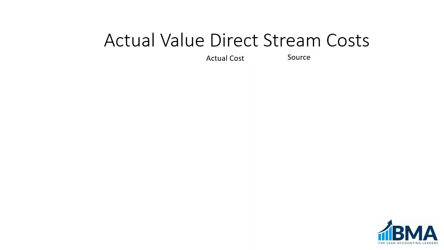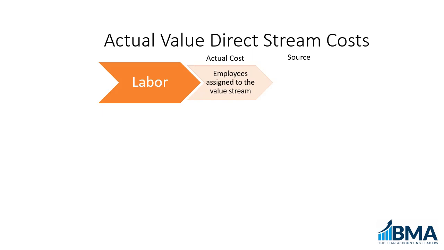So let's take a look. Labor cost. The actual cost on a value stream income statement is based on the employees assigned to that value stream. All of the employees. Like in manufacturing, sometimes you distinguish between direct labor and indirect labor.